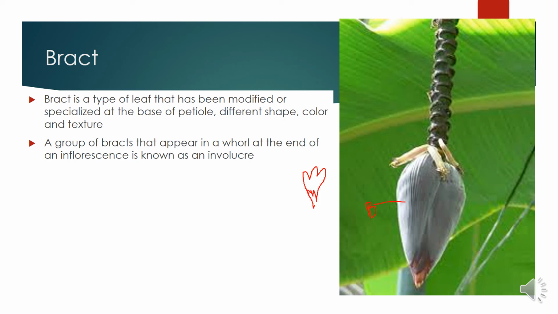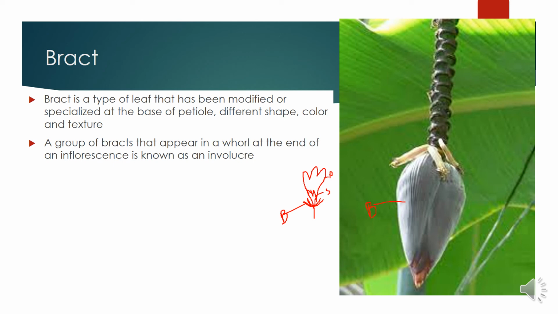In hibiscus, we see that this is the sepals, this is the petals, and just at the base of the sepals we see this type of structures. These are the bracts of hibiscus and these are the bracts of banana.